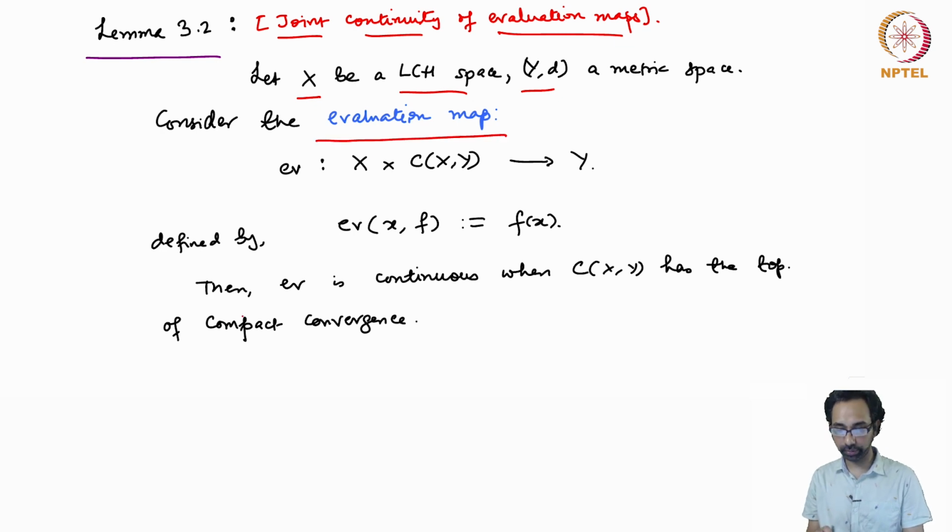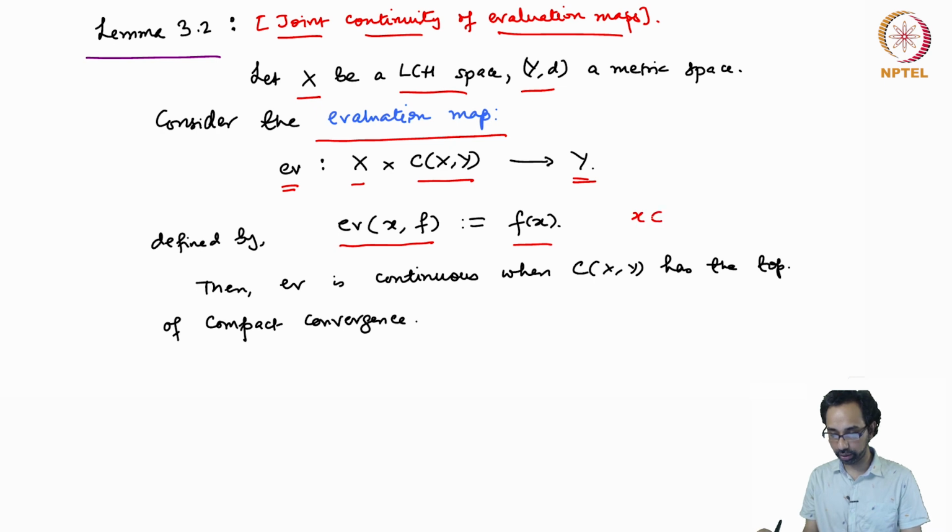We denote it as EV, and the domain of this map EV is the product space X Cartesian product with the space of continuous functions from X to Y, and the range is just Y, defined by EV(x, f) equals f(x).